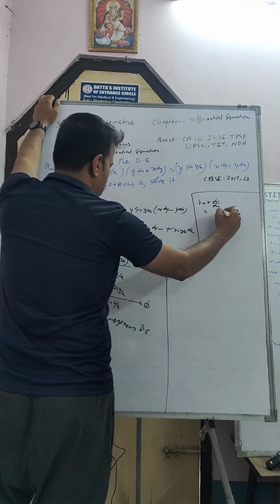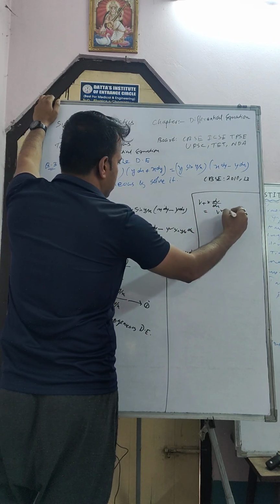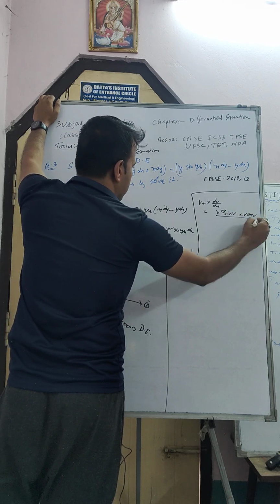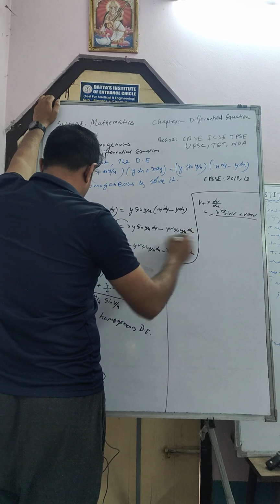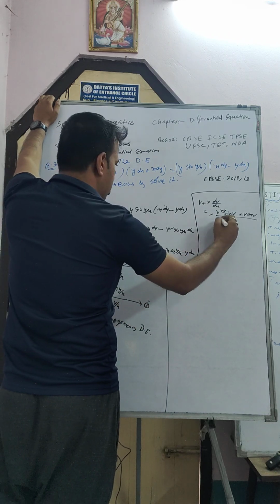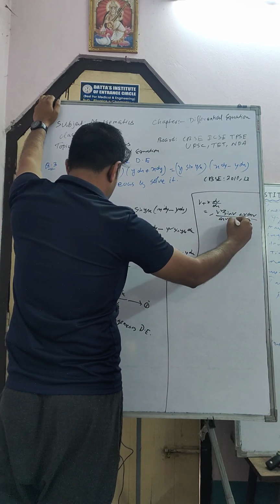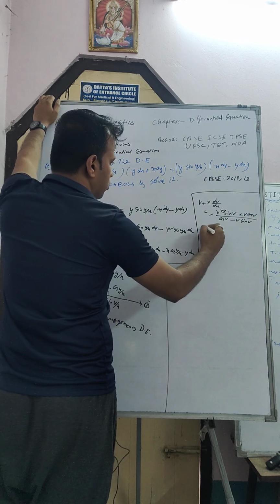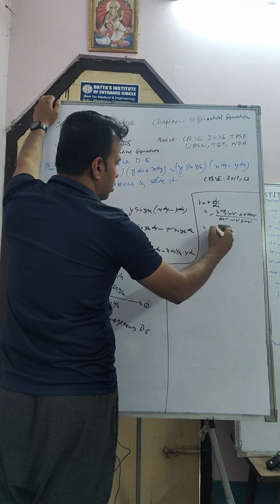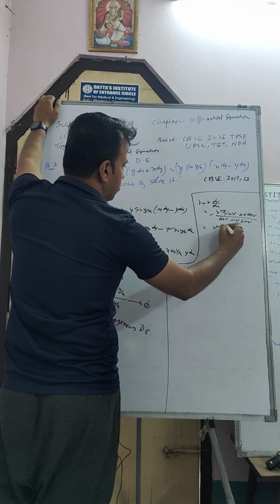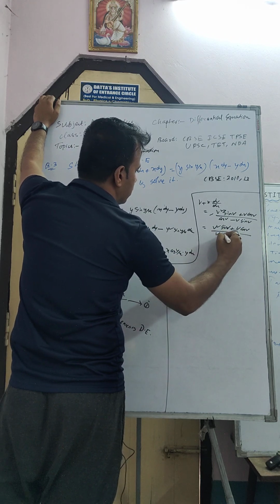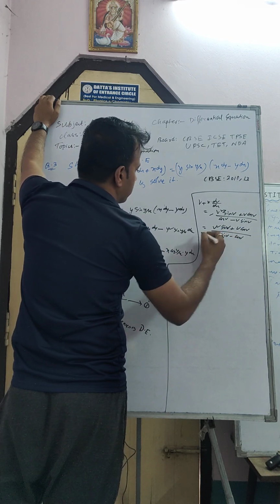b square sin b plus b cos b, here minus, and here cos b minus b sin b. So if I write it this way, b square sin b plus b cos b divided by b sin b minus cos b, okay.